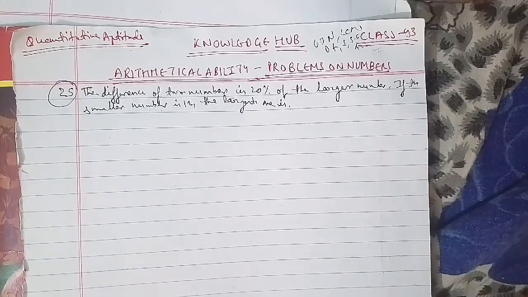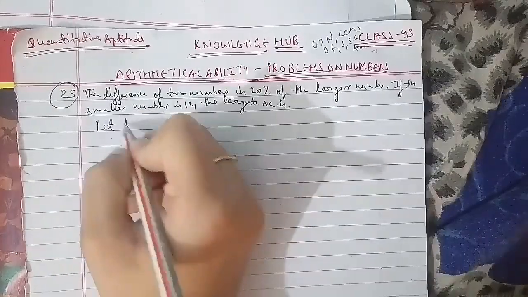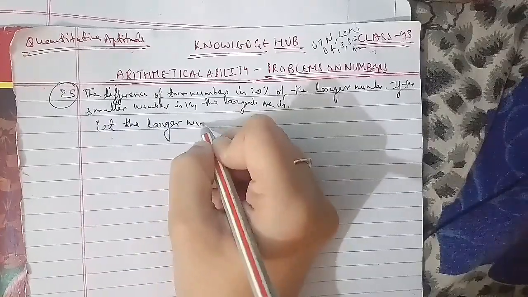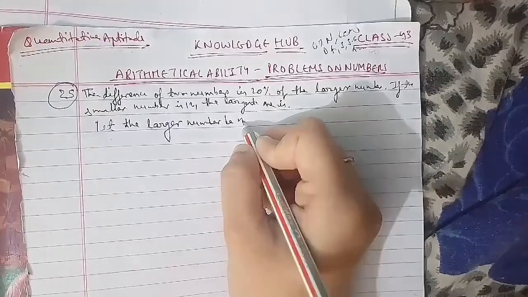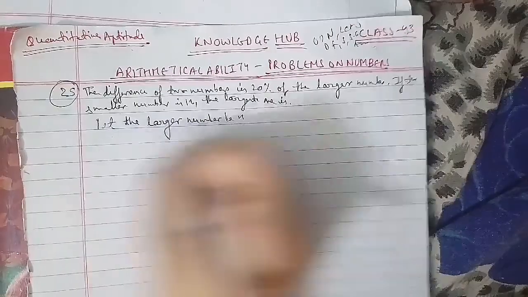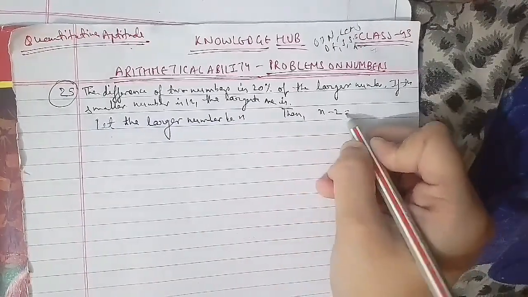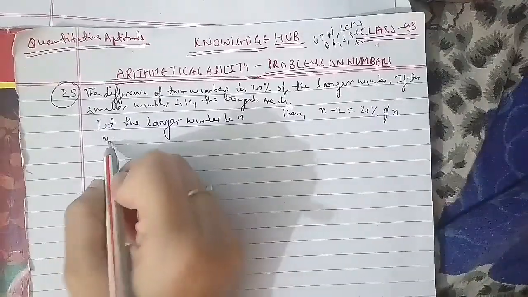Let the larger number be x here. Then x minus 20% of x equals 12, that is x minus x upon 5 equals 12.